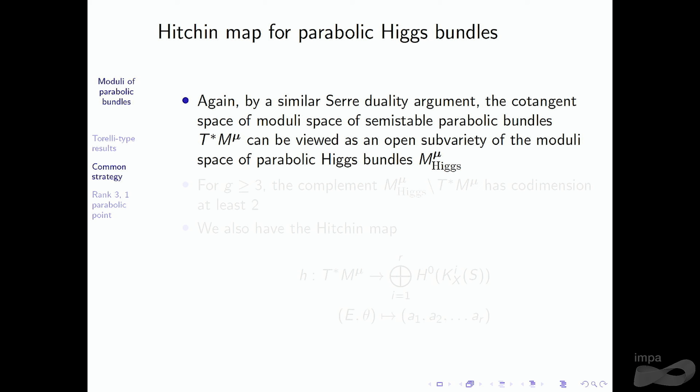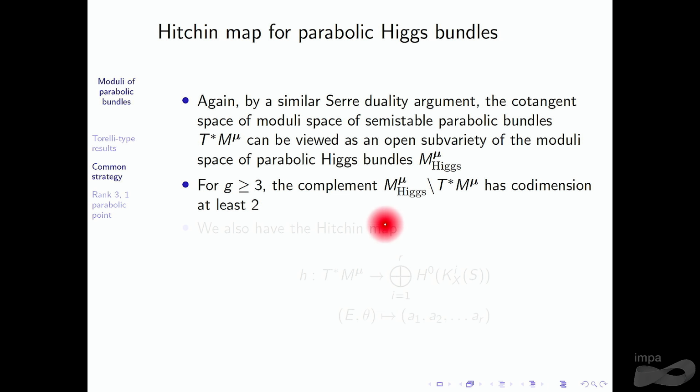And for genus greater than or equal to 3, if I look at the complement of the cotangent space in the space of parabolic Higgs bundles, this has codimension at least 2.